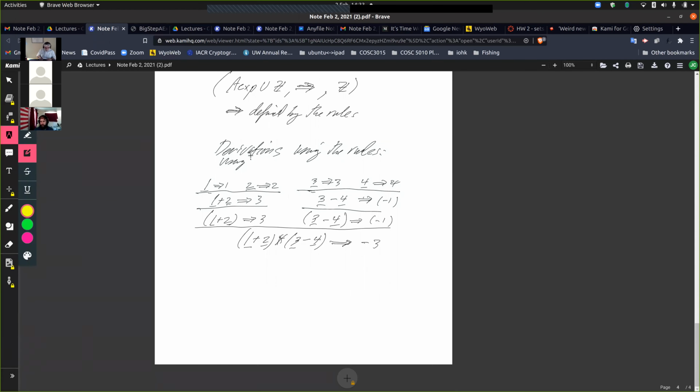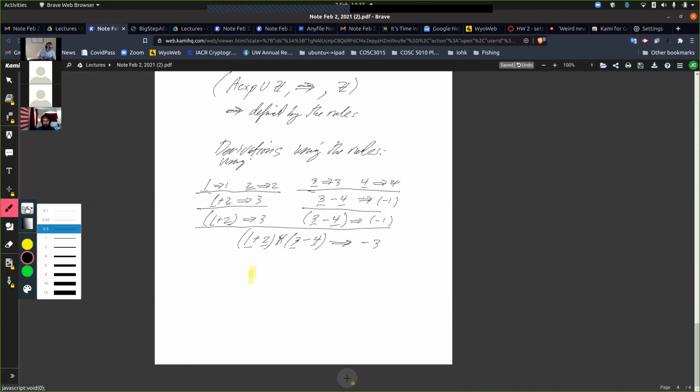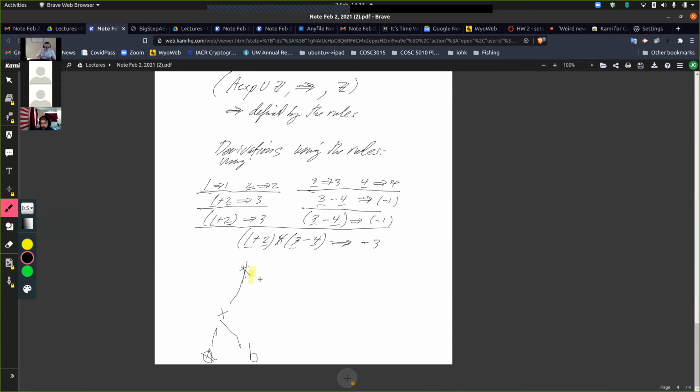You could have, at the root of the tree, times, and on the left side you have plus, with, let's make it an A and a B. And then over on this side, you might have a 2.